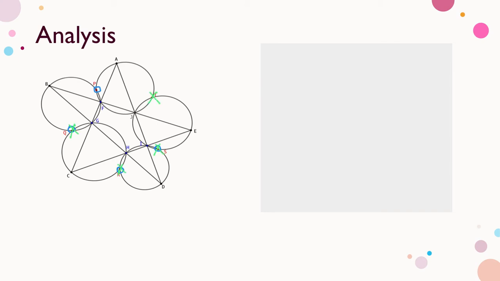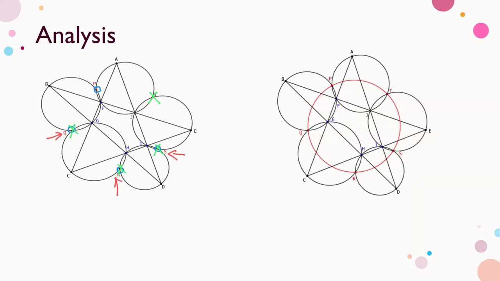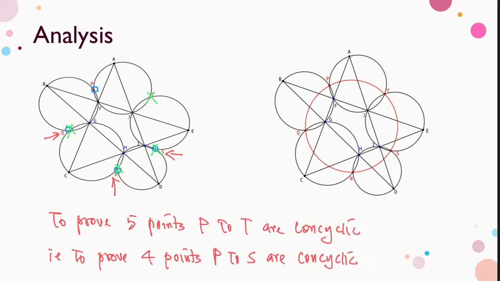As the 3 points Q, R, S are in common, which can determine a unique circle, the first circle defined by P, Q, R, S is the same as the second circle defined by Q, R, S, T. That is, the 5 points P to T are concyclic. In other words, the problem is equivalent to proving 4 points P to S are concyclic.